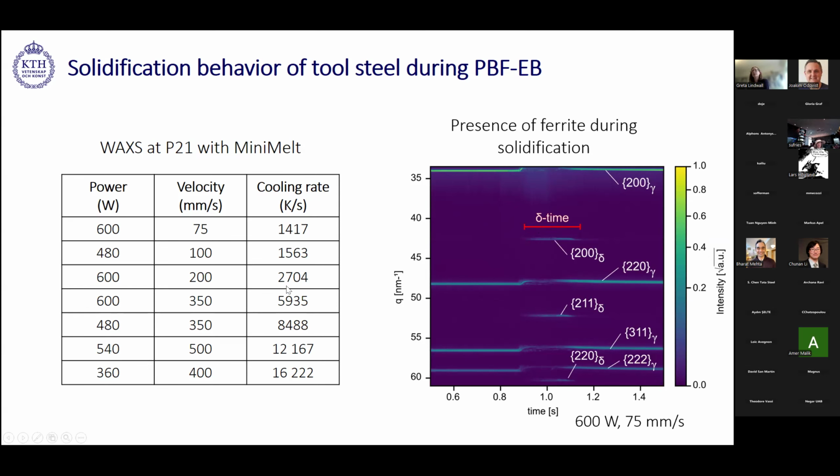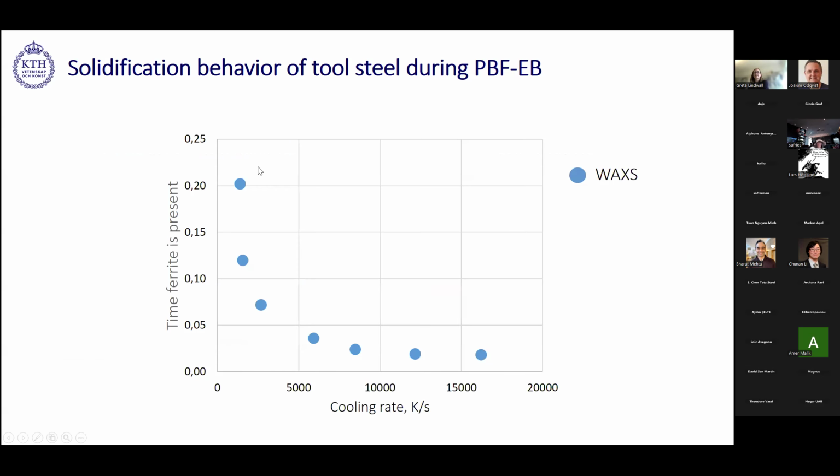We did that for all these different process conditions, and you can see here the results of those. So this is the time delta ferrite is present during solidification as a function of the cooling rate. And this is done with the in situ synchrotron X-ray studies or measurements.